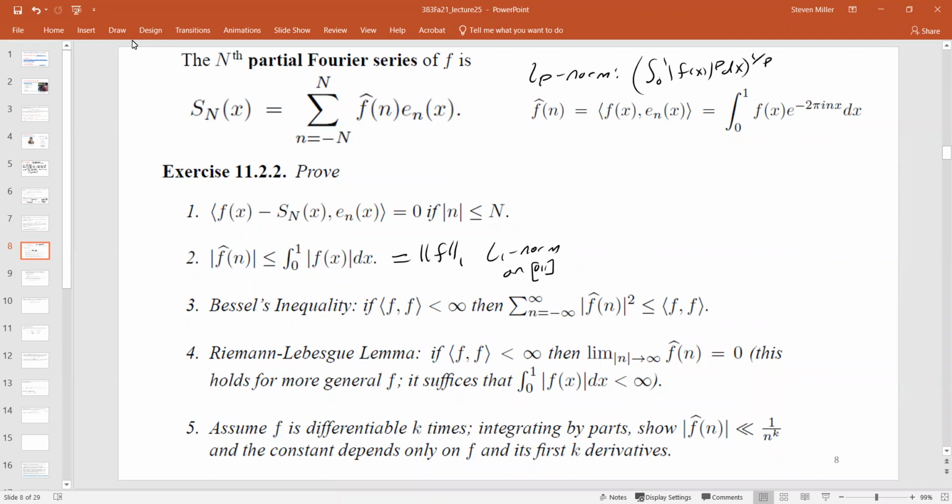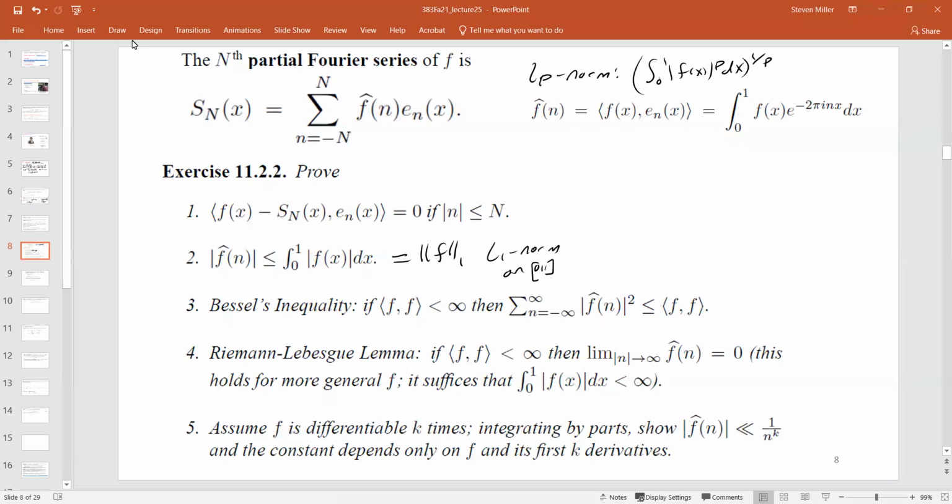So why do you think property 2 is true? Why do you think the Fourier coefficients are at most the L1 norm of f? Okay, so that might change the direction. You're close. Think about it as analogous... if it's all along one basis vector, then that's okay, that's a good hope, but that's not fully rigorous.